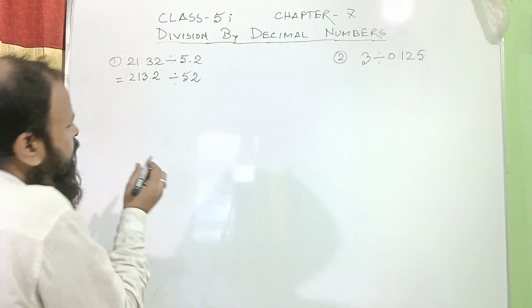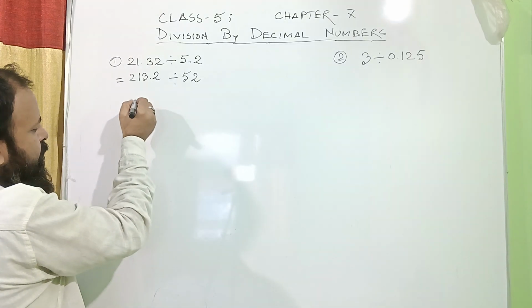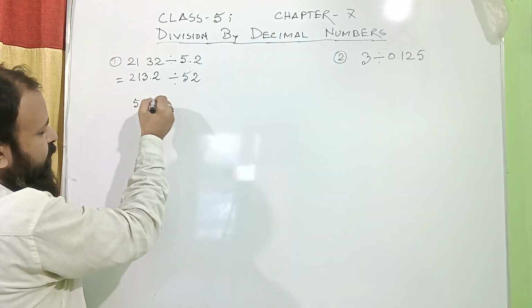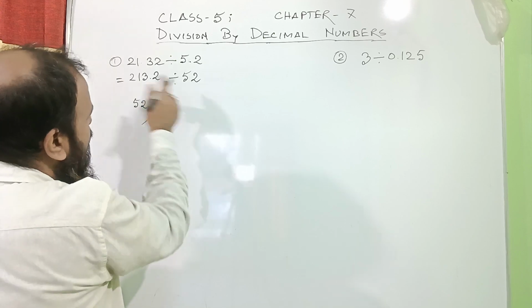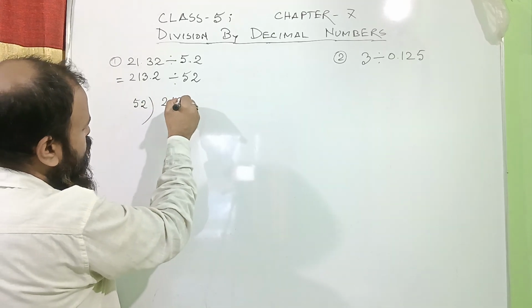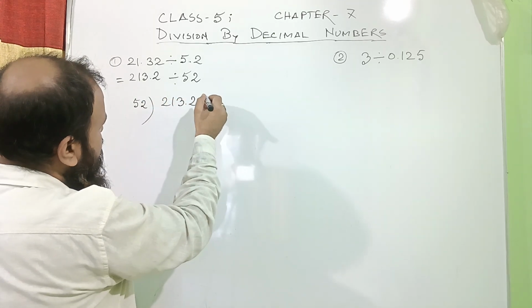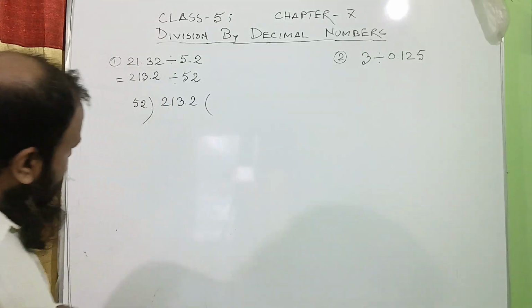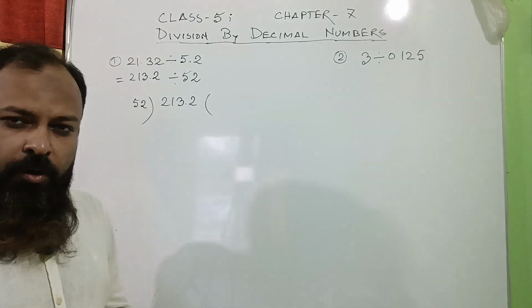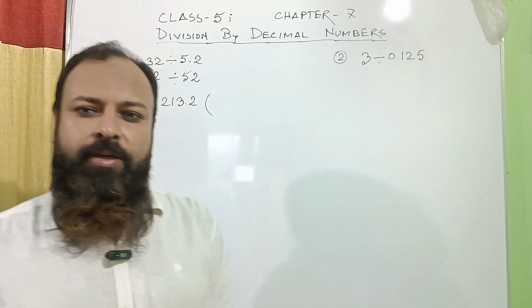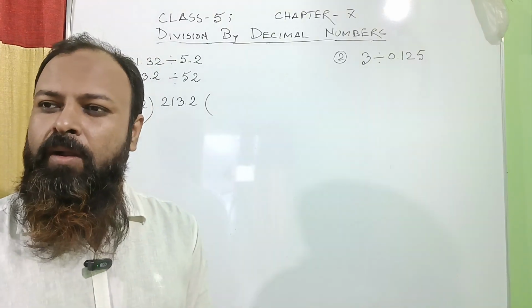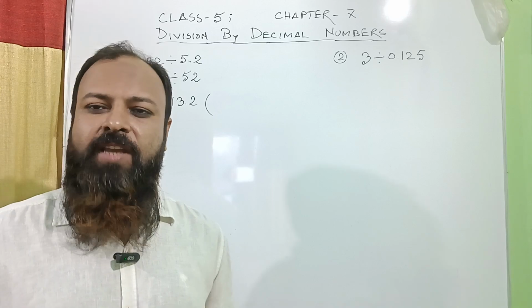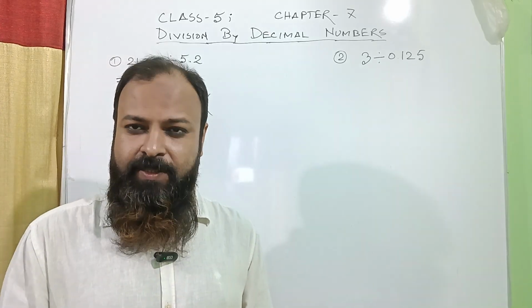Look, we have to write down this number 52 as the divisor, and the number 213 as the dividend. Before, we came to learn that we have to calculate this type of division digit by digit.